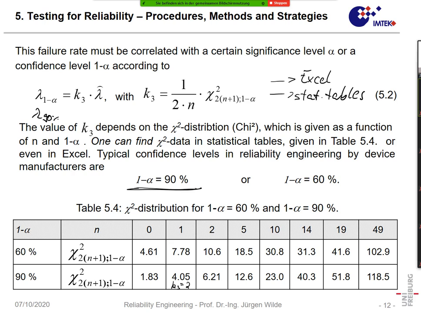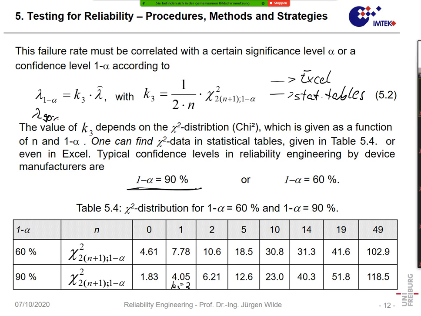In that way you can see how you have to multiply your measured failure rate in order to give a failure rate with a certain confidence level. And that is important because you want to be sure that your device doesn't exceed a certain failure rate.